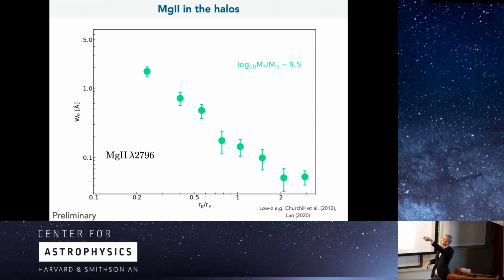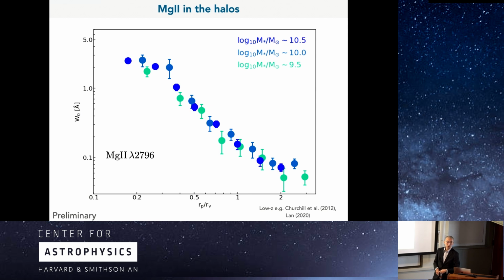Again, this is the average absorption around galaxies with 10^9.5 solar mass, 10^10, and 10^10.5. And you can see clearly now, once we normalize the impact parameter by the virial radius, the measurements align with each other, suggesting that somehow the gas within the dark matter halo behaves similarly around galaxies across different stellar masses.